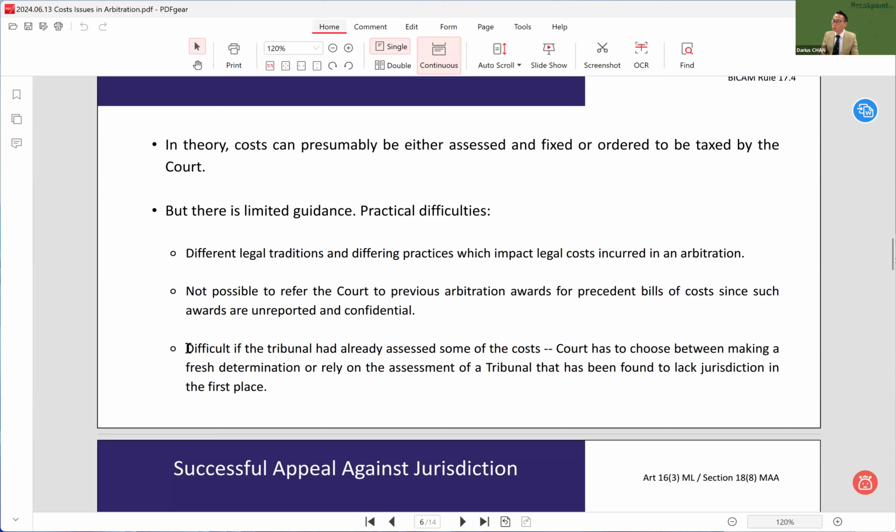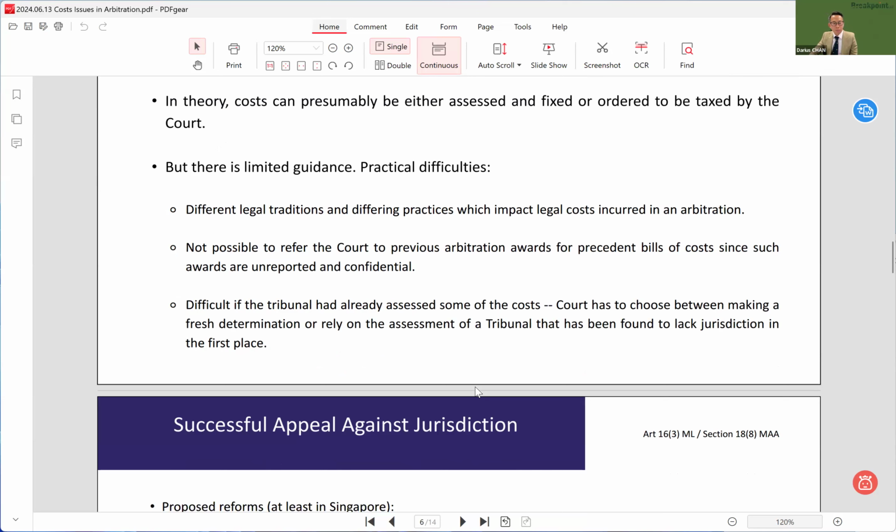And if I were to rely on an assessment done by the tribunal, it is a tribunal that the court has already decided does not have jurisdiction in the first place. So these are some of the difficulties that have been raised. Even if the court has the power to tax the cost of the arbitration, in practice, how do we actually do it?